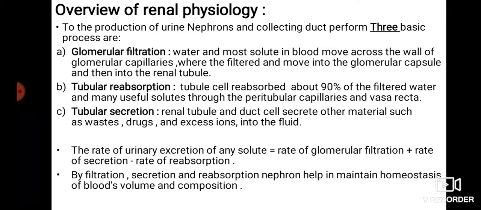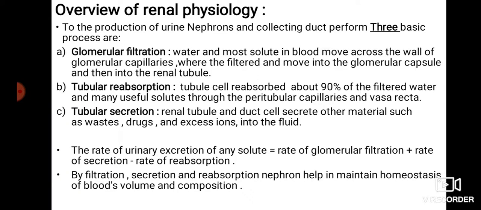The meaning of reabsorption is that useful solutes and water are reabsorbed back into the bloodstream through the peritubular capillaries and vasa recta.